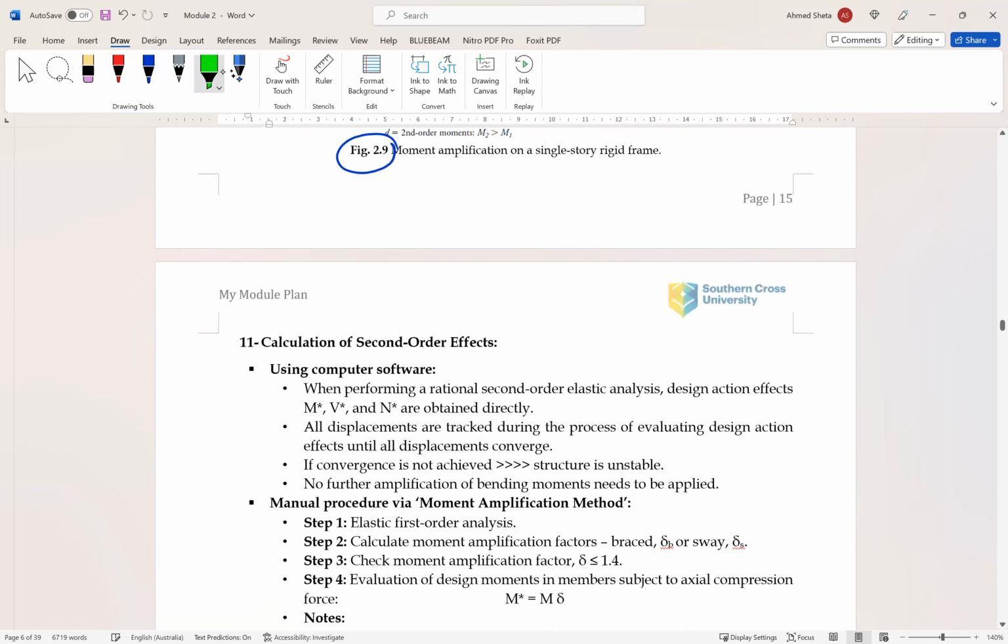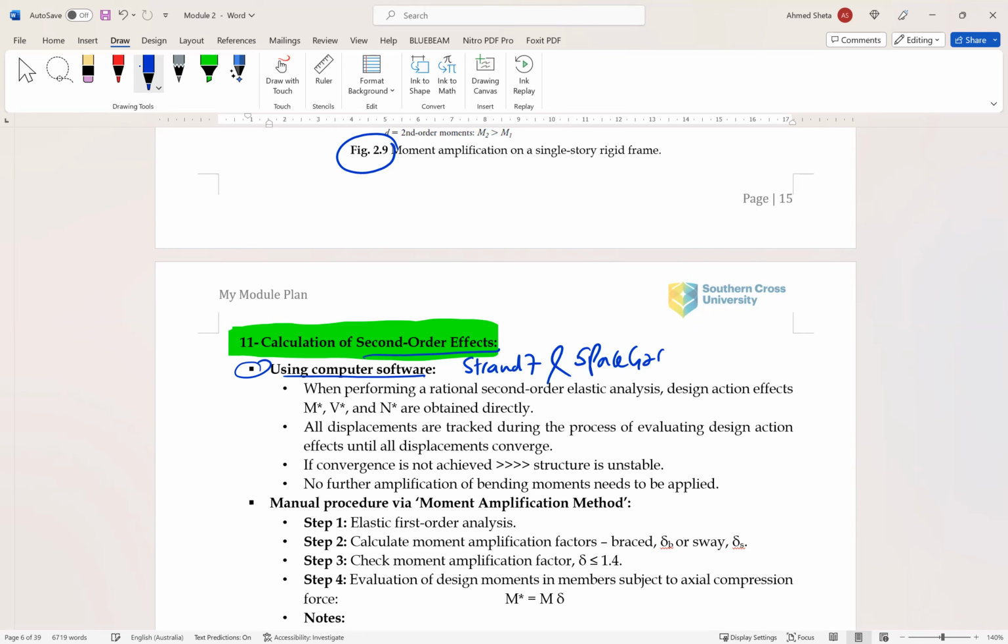Okay. The next point is how to calculate the second order effect. This is an important point. The first method is using computer software. When you use computer software like Strand7 or Space Gass, when performing a rational second order analysis, design action effects M star, V star, N star are obtained directly.